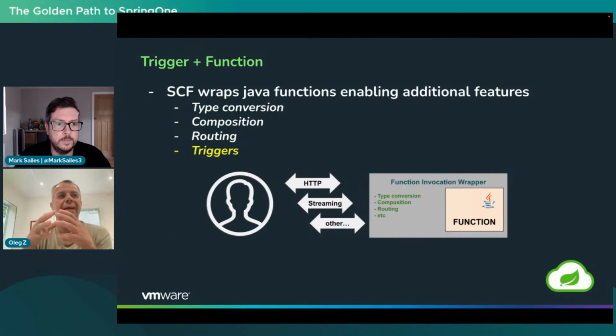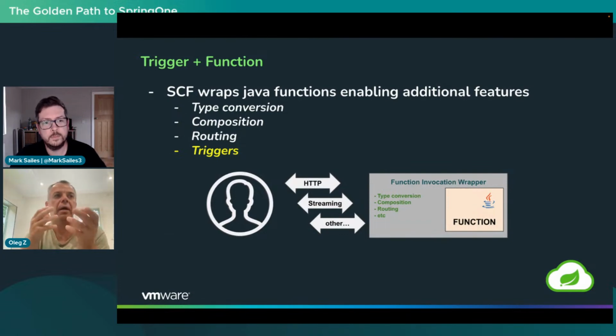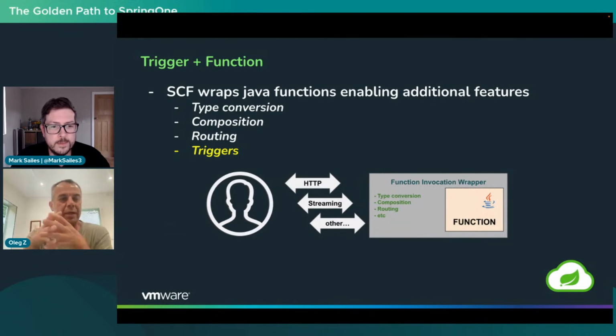You're only bringing a dependency, like I showed you earlier, and all of a sudden that function you write becomes a REST endpoint or AWS Lambda or anything else. Because even in AWS Lambda, for those of you who have worked with AWS, you have to implement a request stream handler or whatever other handlers are provided by AWS, which means you have to know a little bit or a lot about the internals of a particular system, in this case AWS.